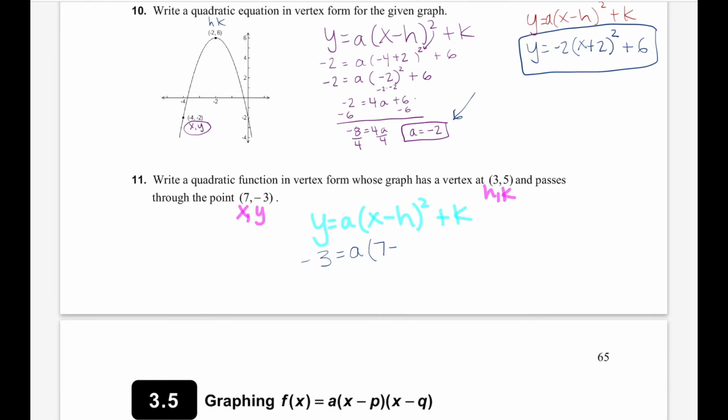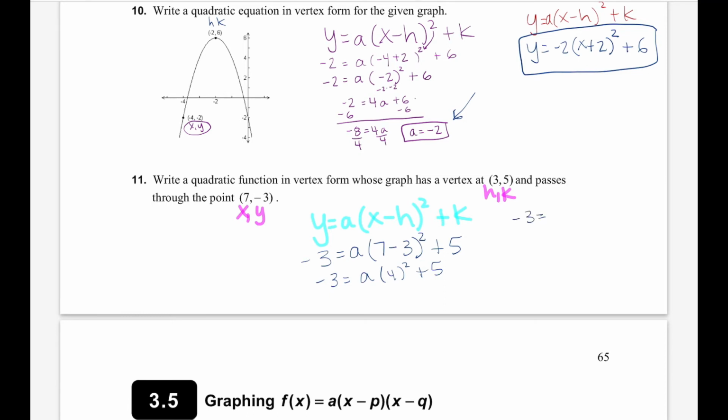In for my h, I'm going to put a 3. So I have the minus, and then my h is a 3. Make sure you square it. And plus k is 5. So I have negative 3 equals a times (7 minus 3, which is 4) squared plus 5.